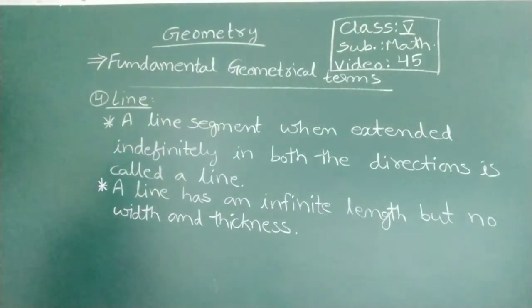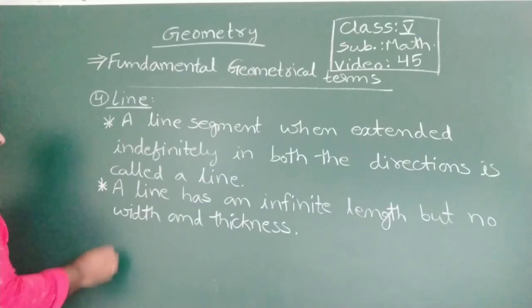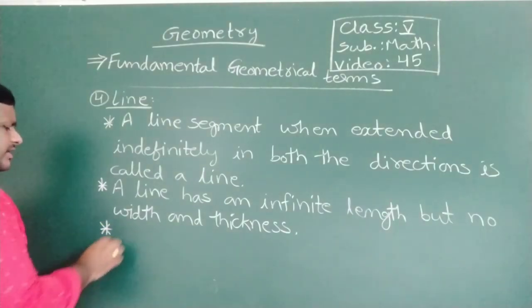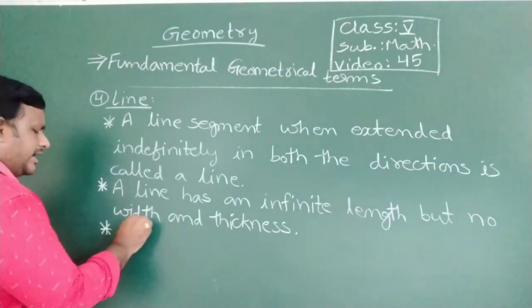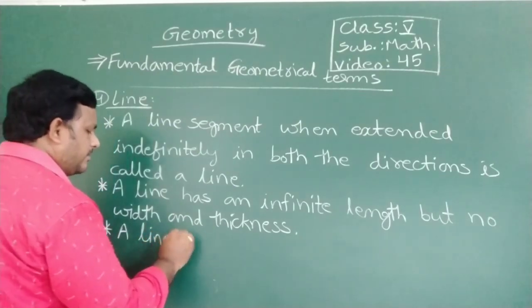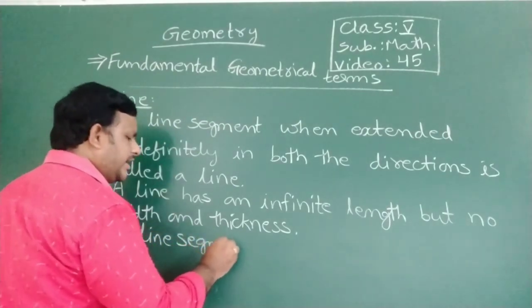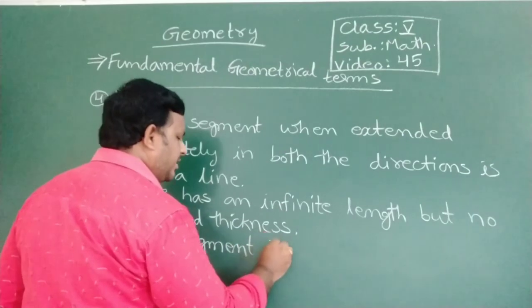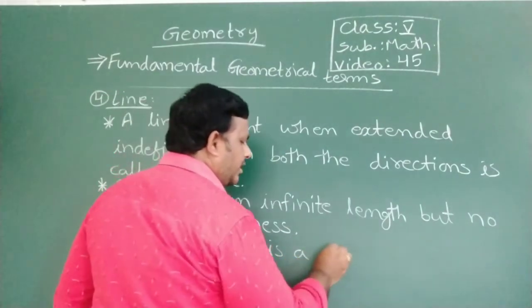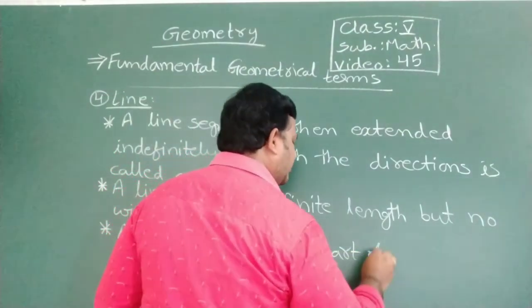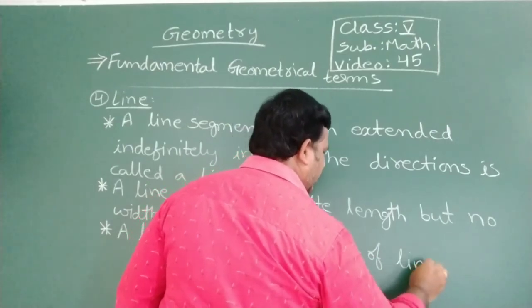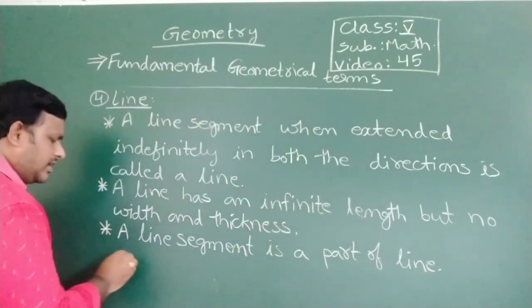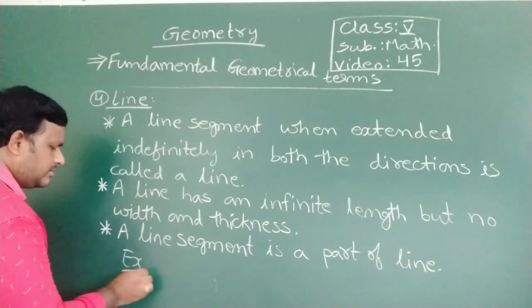It has an infinite length but no width and thickness. And here one more point we can write. A line segment is a part of line. Okay, so now let us draw the line segment here.